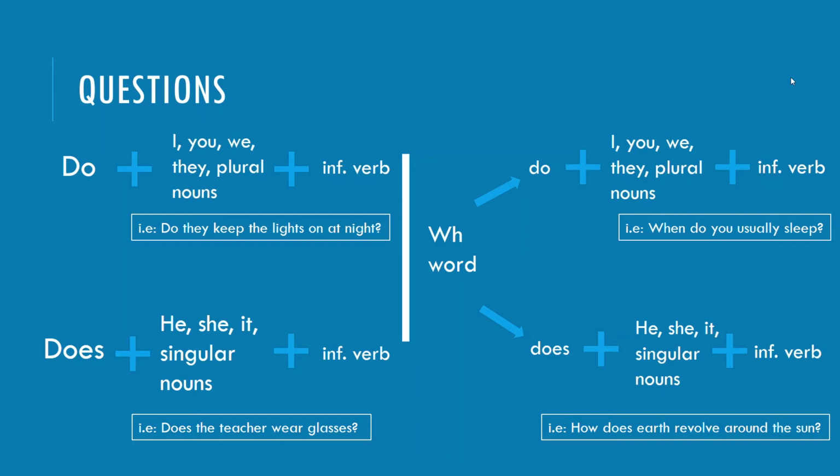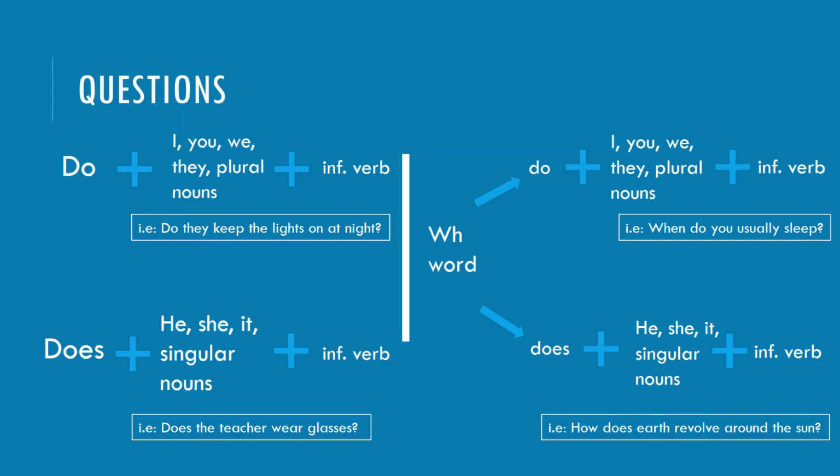Now, when it comes to forming questions with the simple present, we already know that there are two types of questions, the yes or no questions and the WH questions. Now, in a question form, the do verb always precedes the subject. It comes before the subject, not after, like regular sentences.